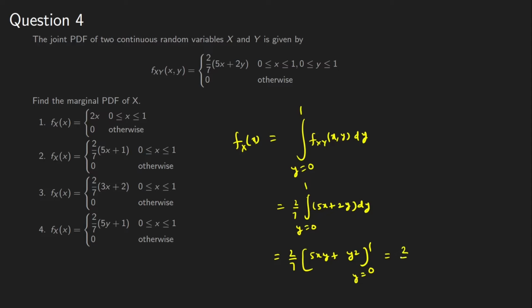So it will be equal to 5x plus 1. So this is the marginal PDF of x, 2 by 7, 5x plus 1, and it will be in the range for the range of x. Okay, so this marginal PDF will be defined in the range of x. So the second option is the correct answer.